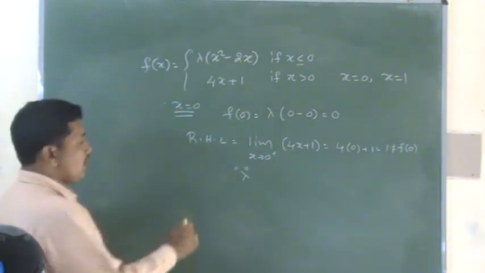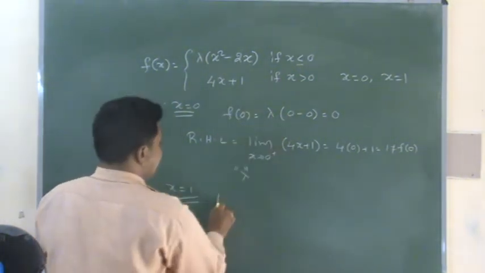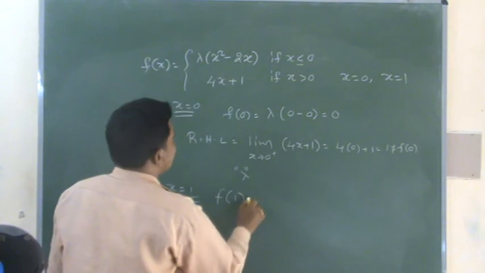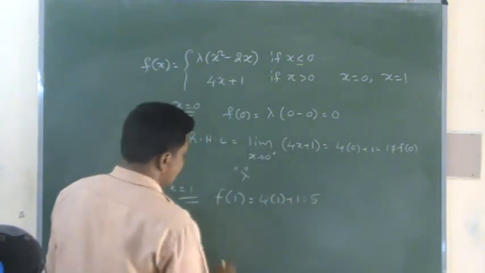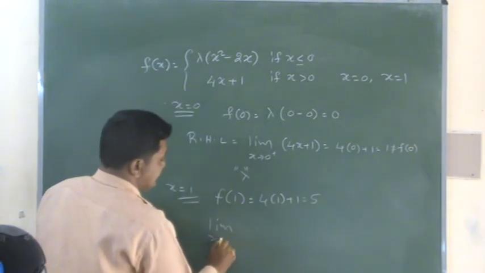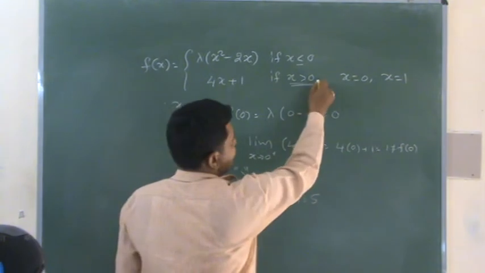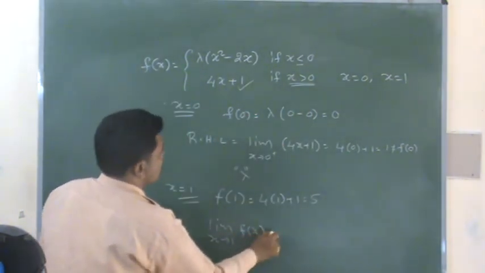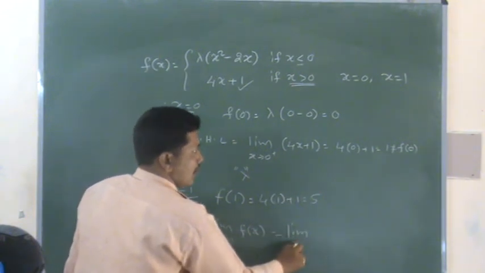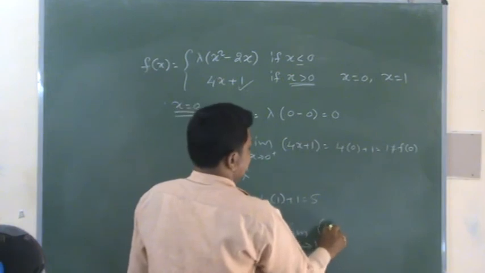Now see, what happens at x is equal to 1? Here x is equal to 1 is greater than 0, so f of 1 is equal to 4 into 1 plus 1, that will be 5. And the limit as x tends to 1 minus or 1 plus, because both are in the greater than region, is the same function, 4x plus 1.